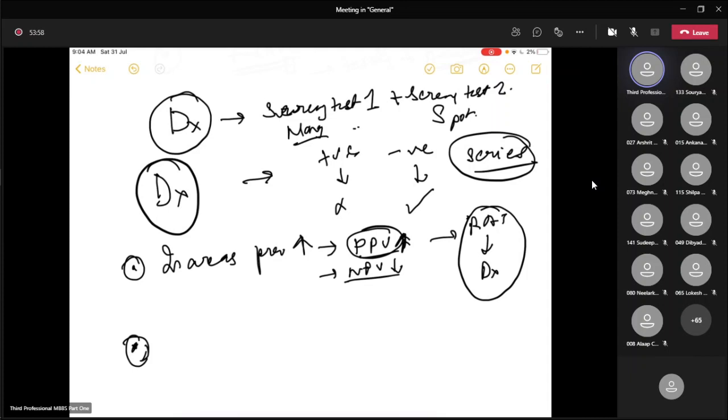And in many cases they will mention the sensitivity, specificity and likelihood ratio of the symptoms. I am not going into likelihood ratio now; if anyone is interested I can discuss later. So they will discuss the sensitivity and specificity of the symptoms.